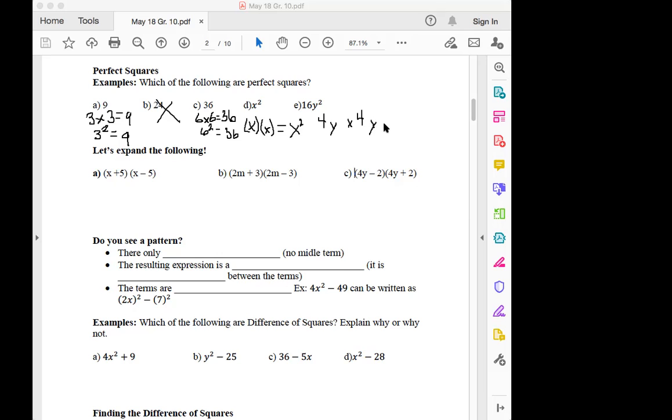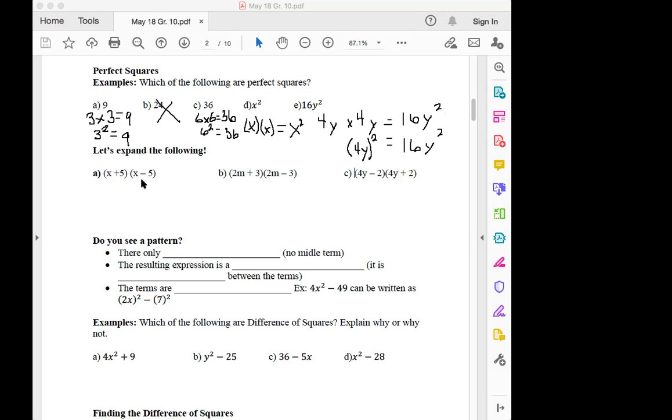So if we split it up like this, we would get 16y squared. That is called a perfect square. In other words, (4y) squared, and you need to put it in brackets so that we know we're squaring both the number and the variable, means 16y squared.